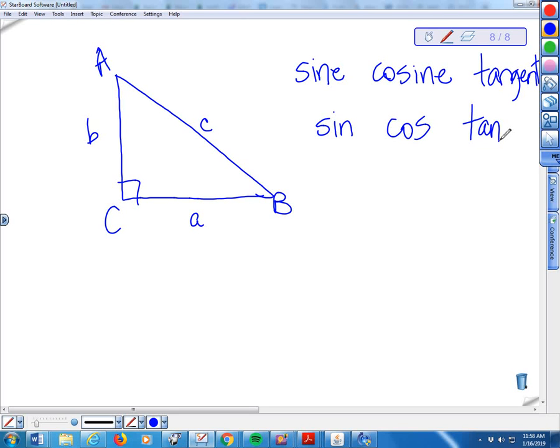Okay? So to find the sine of an angle, let's call this angle A. Sine of angle A is equal to the opposite of A, which is little a, over the hypotenuse.